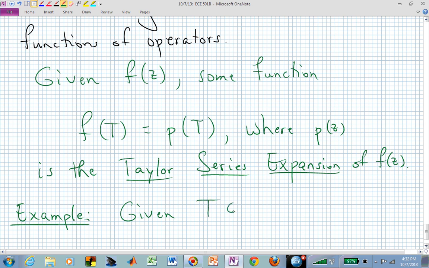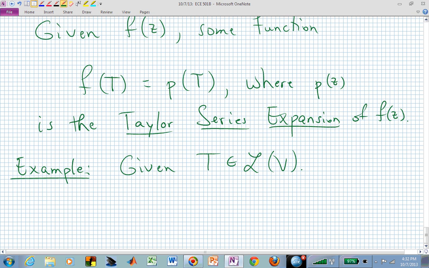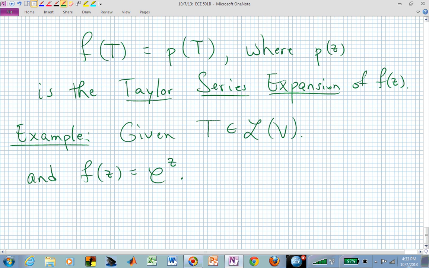For example, suppose that we're given T is this linear operator, and maybe our function f of z is this exponential, e to the z. Now we can find the matrix exponential.